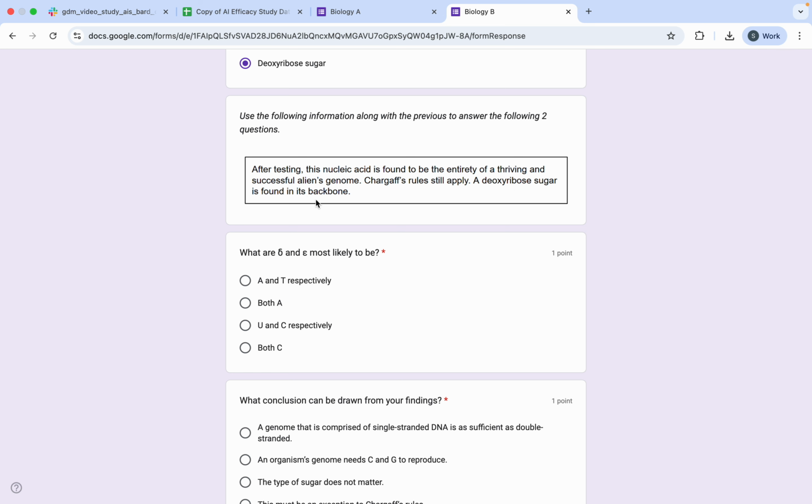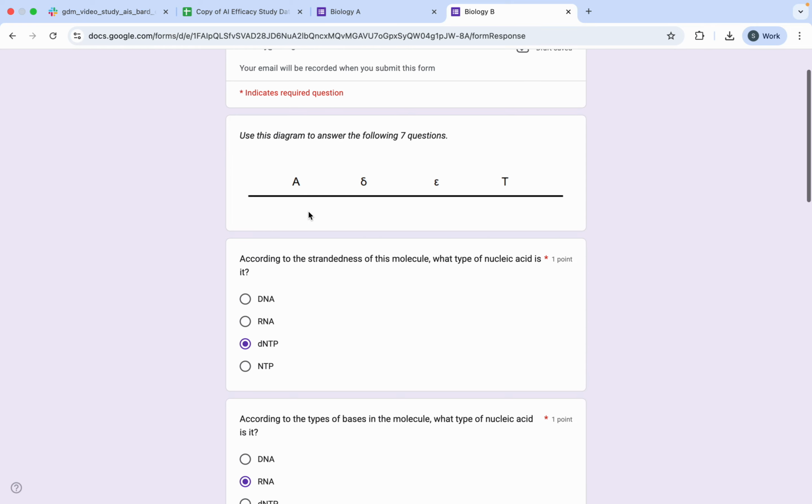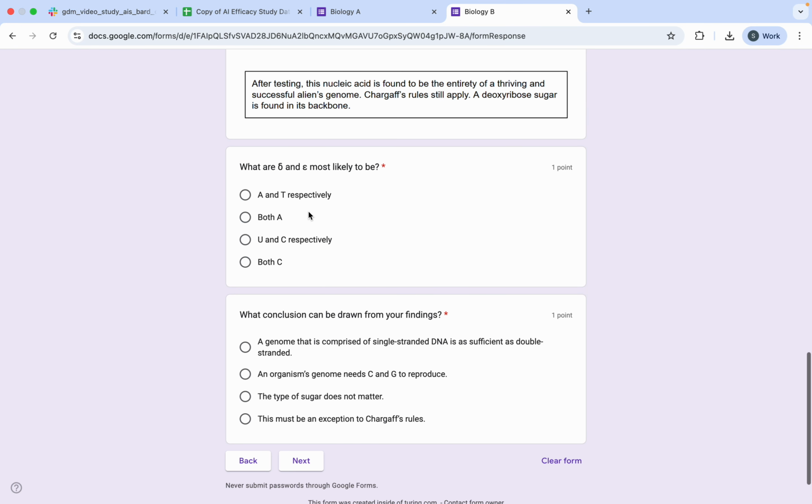A deoxyribose sugar is found in its backbone. What must delta and epsilon look like? A and T respectively, both A, U and C, both C. So U and C.